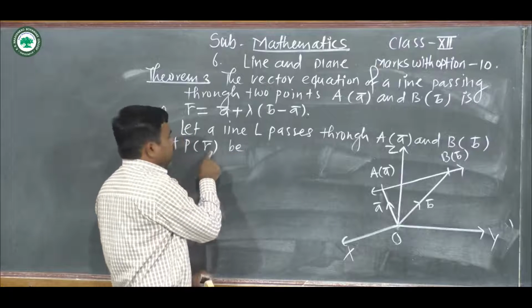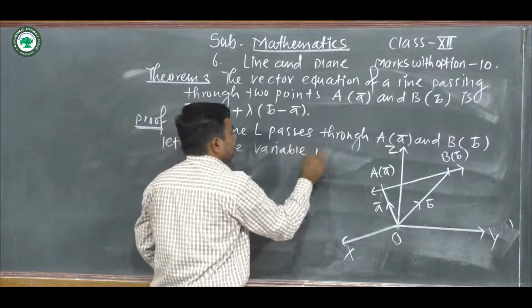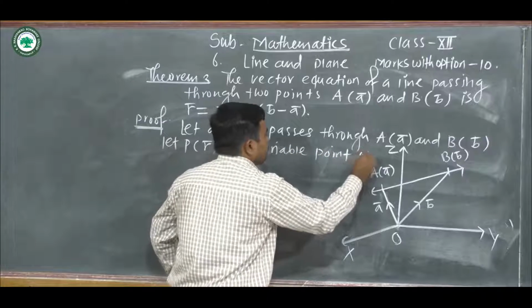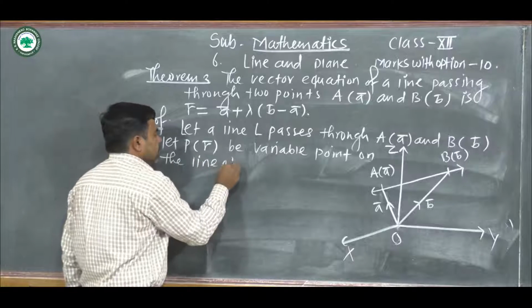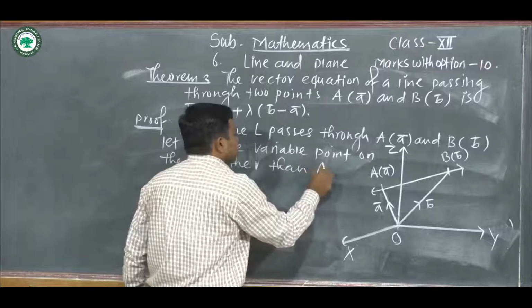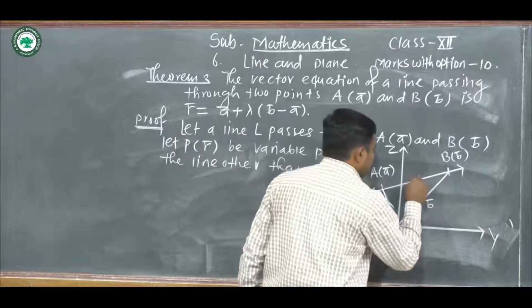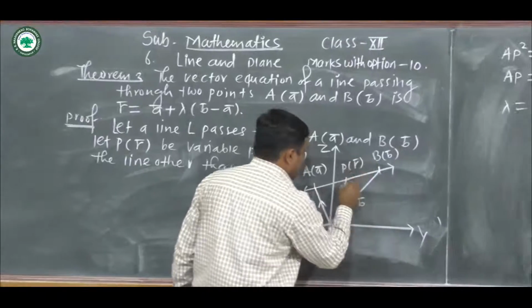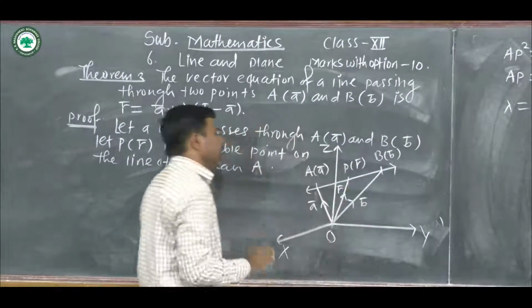So let P with position vector R bar be a variable point on the line other than A. So if this point P is here with position vector R bar, join OP, so it is R bar.